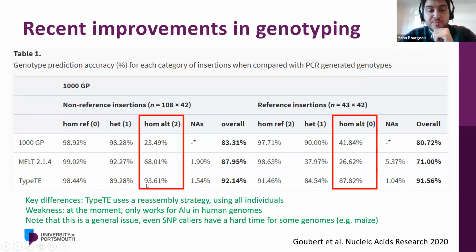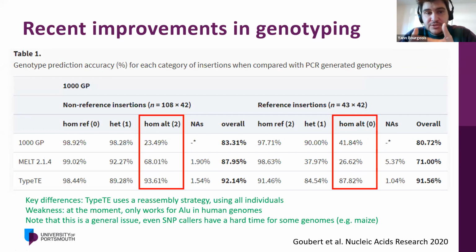Fortunately, they managed to develop a method that regenotypes the output from MELT, and it increases the accuracy quite a lot. That can be an issue because when you look at population genetics, you want to have good estimates of allele frequencies, and this is something that needs to be taken into account, I think, in future studies that will examine allele frequencies.